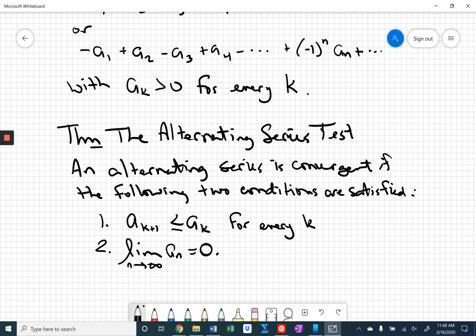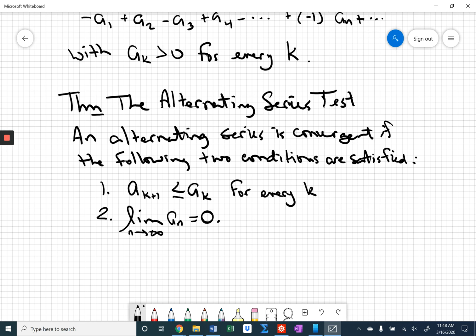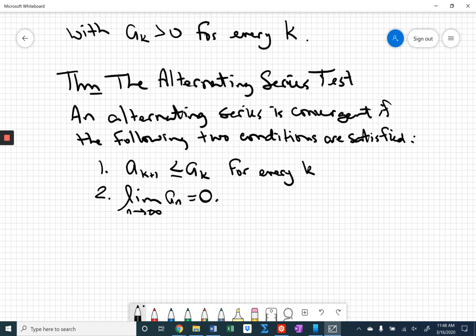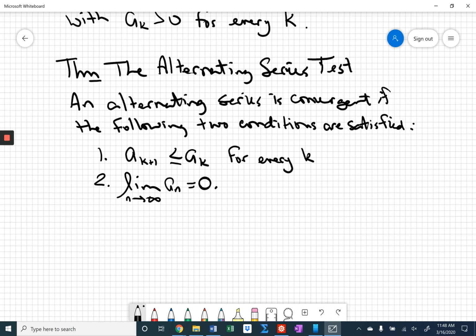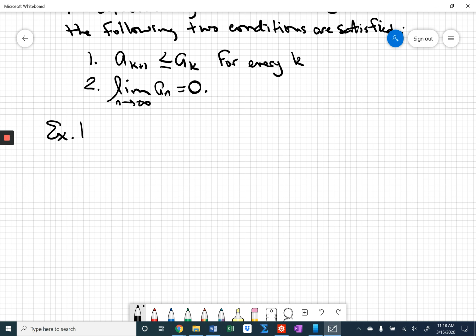Let's take a look at a series that's close to one that we've already worked with. Call this example number 1. Does the alternating harmonic series converge?